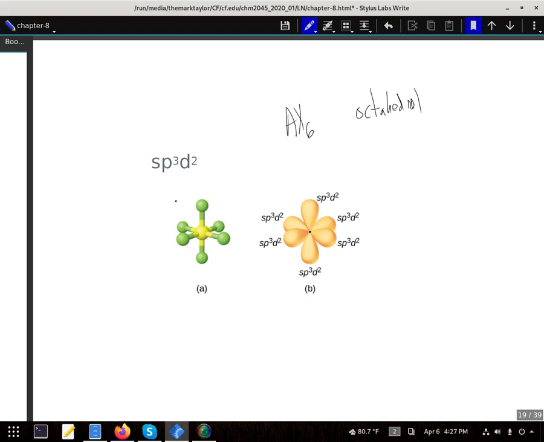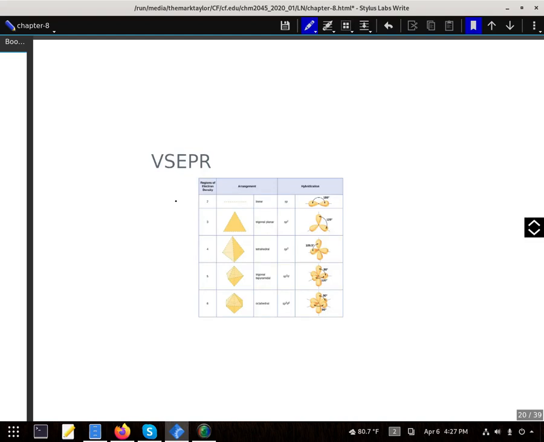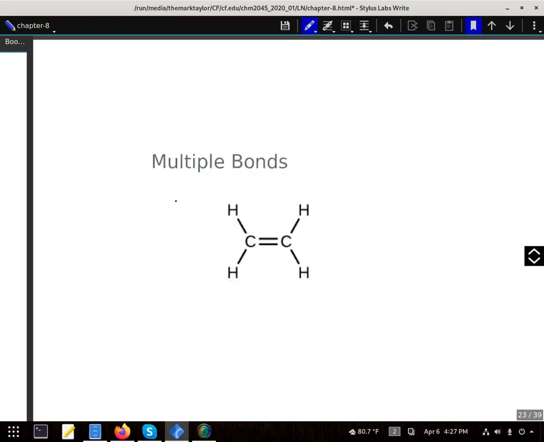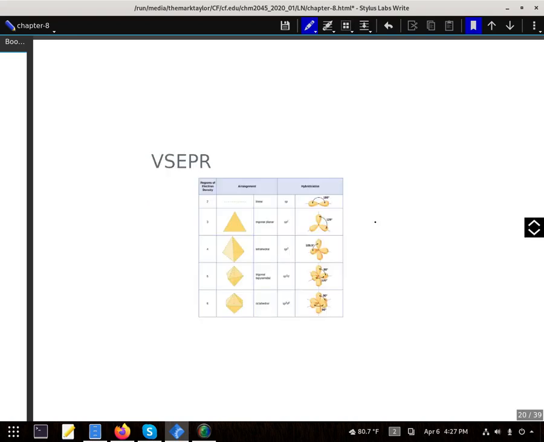All right, so how are we going to apply this? Back in the last chapter, when we were introducing VSEPR theory, we introduced a chart of our bonding families, with all of our shapes and names: AX2, AX3, AX2E.